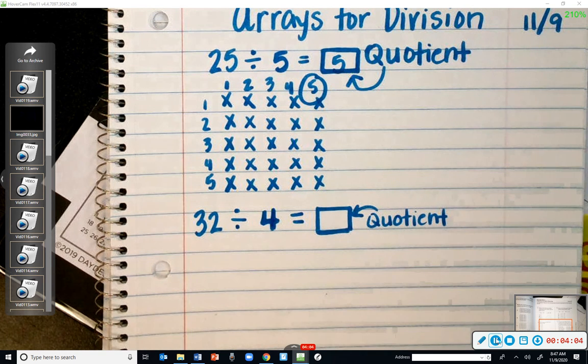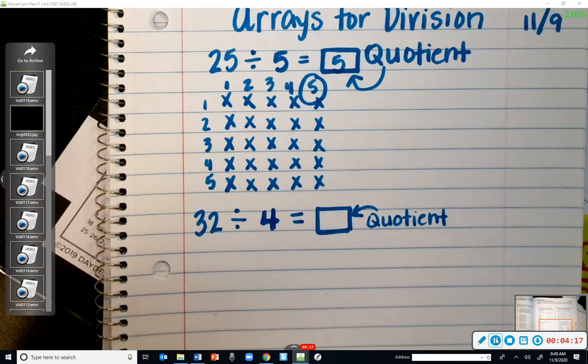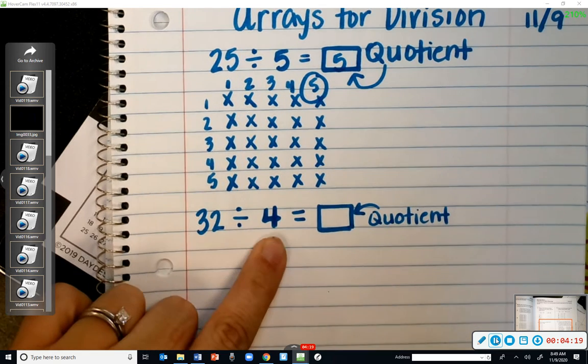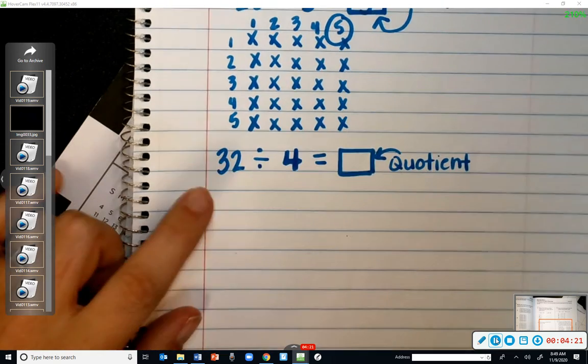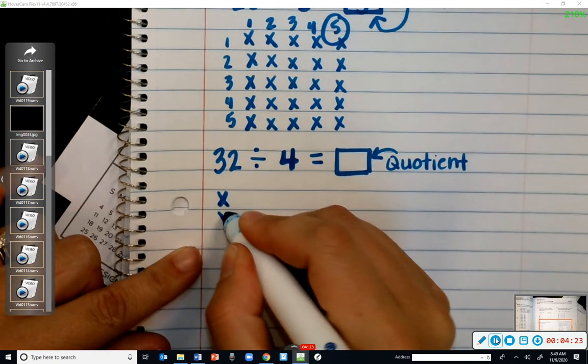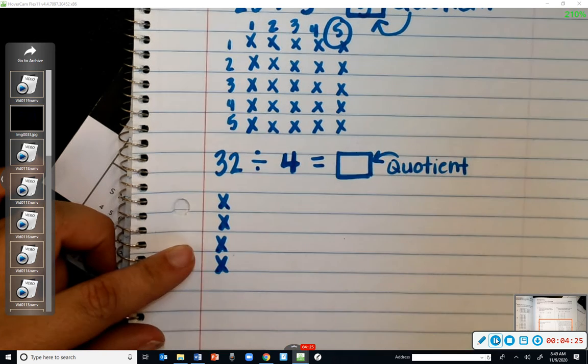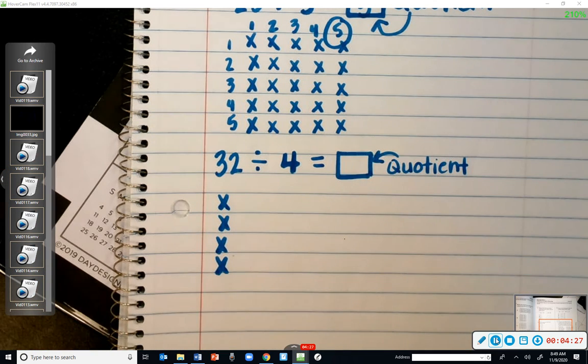Alright, first, I don't want the answer yet. I want you to explain to me how you started your array. Kaylee, what'd you do? You went down 4. Good, because you're dividing by 4. We're going to go 4 down, 2, 3, 4. Okay? And then what do we do next?